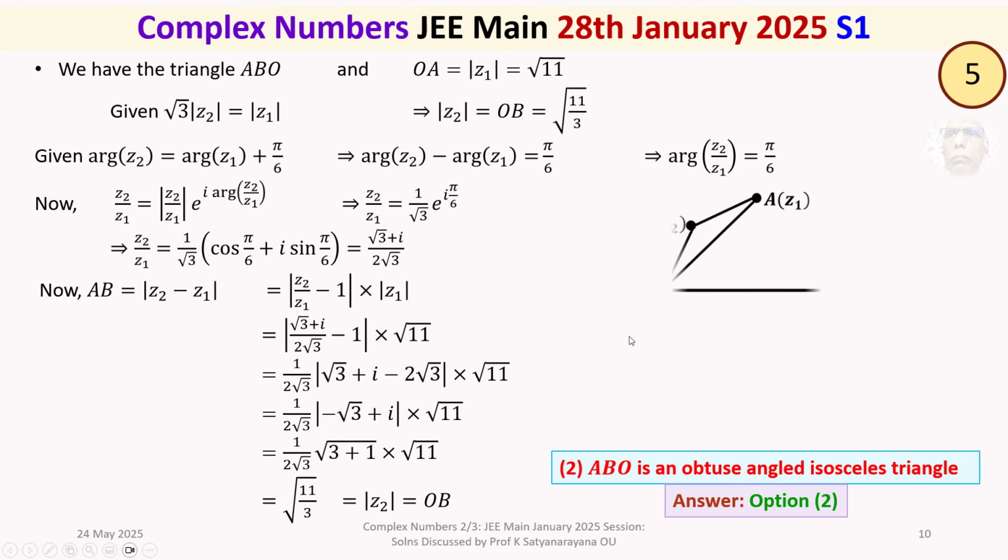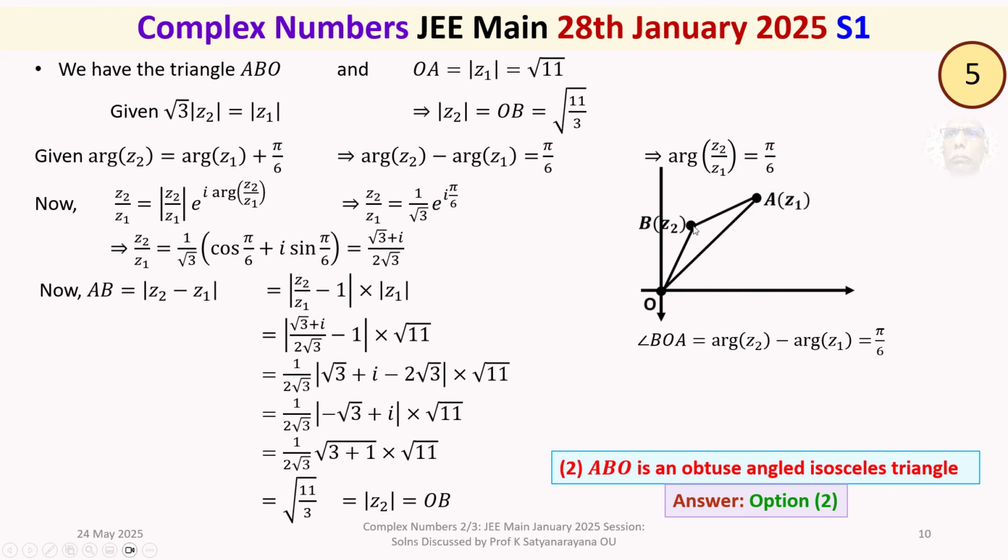So for that, let's look at the diagram. The triangle ABO: A is represented by Z1, B is represented by Z2, O is the origin. ABO is a triangle. Now you see, angle BOA is argument of Z2 minus argument of Z1.